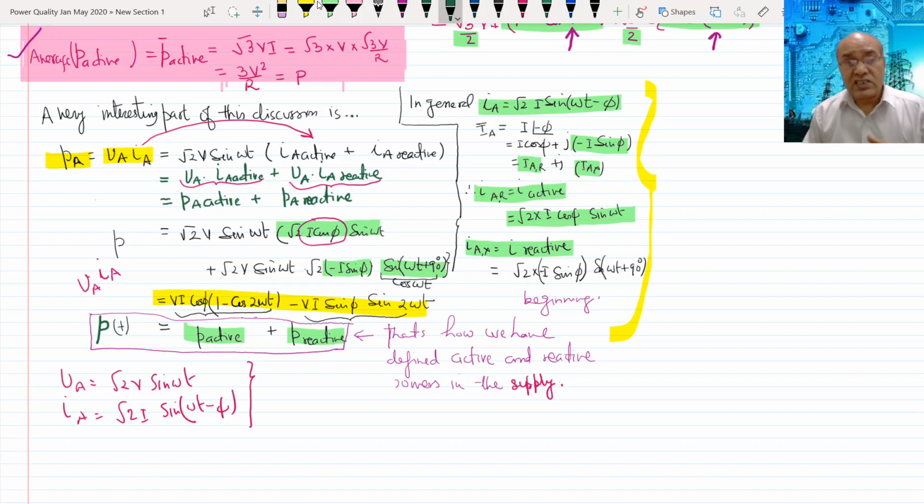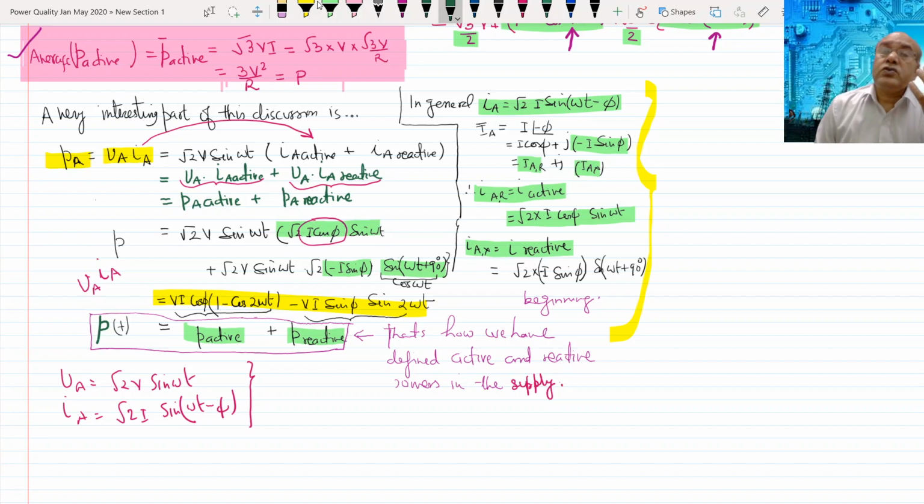This was the first discussion we started in this course, the single phase system. And now you have an answer why BI cos phi (1 minus cos 2 omega t) is called P active, and minus BI sin phi sin 2 omega t is called P reactive. The idea has come from the active and reactive components of the current.